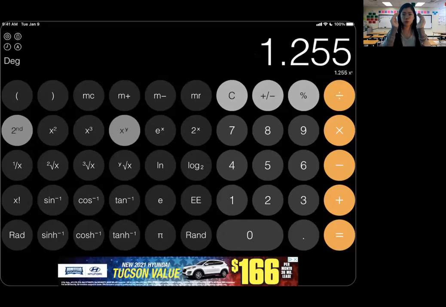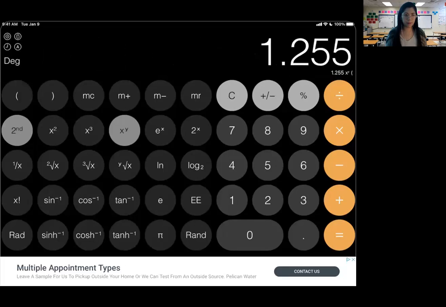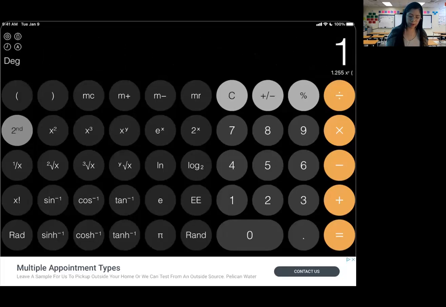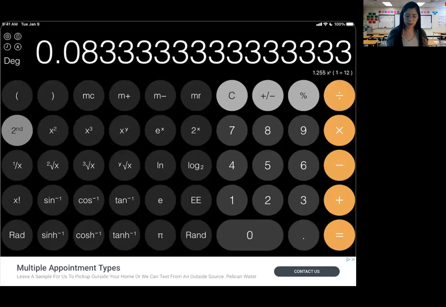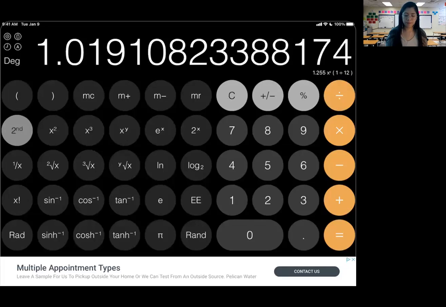But now the 1/12, I'm going to put that in parentheses so that my calculator doesn't do the wrong thing in the wrong order. So I'm just keeping that fraction inside a pair of parentheses. I open my parentheses, 1 divided by 12, close my parentheses, and hit equals. So there it is, 1.0191.